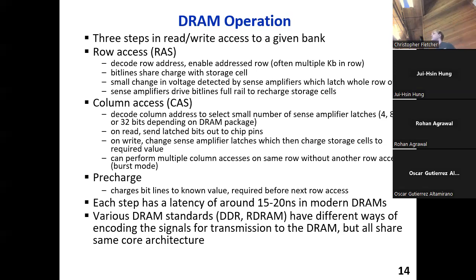So we have to do this thing called precharge. What precharge means is we have to take the bit lines and set them to a known voltage, a reference voltage. The reason is that when you dump charge out after activating a word line onto the bit lines, not all of the charge gets sucked out by the sense amplifiers.